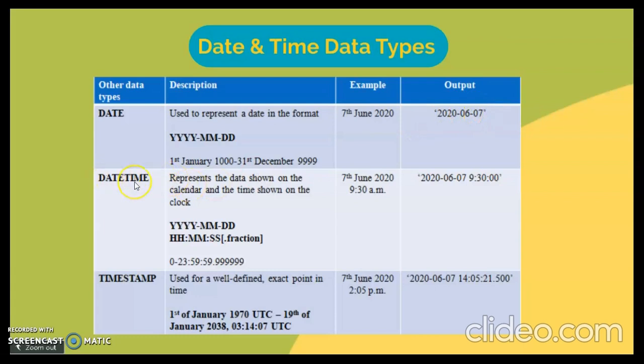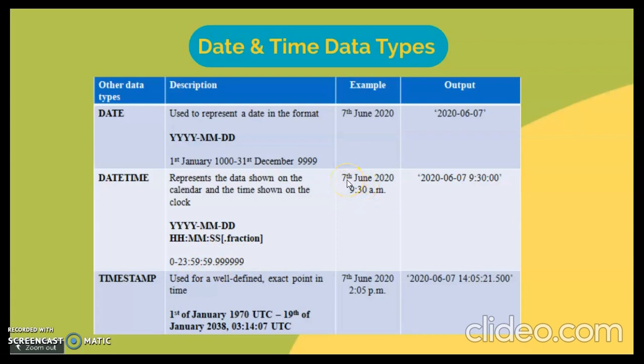When we say date and time, when I want to represent the date with time as hours, minutes, seconds, I'll use the date and time data type. Here it is considered as 24-hour time, so it goes till 23, 59, 59, and then the fraction.